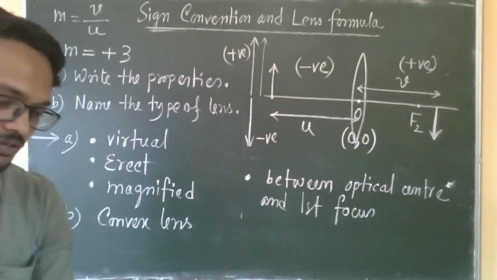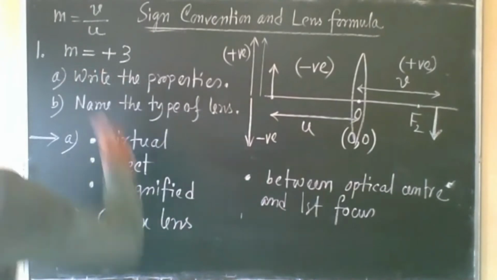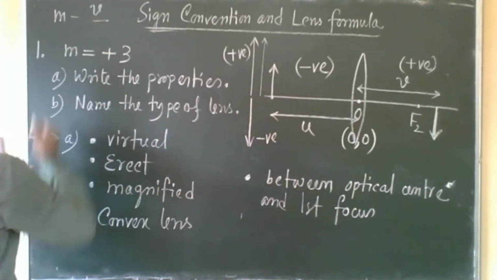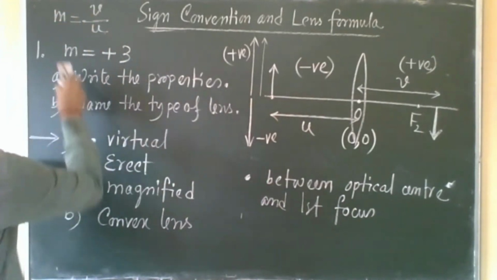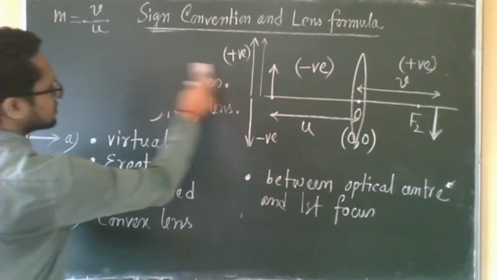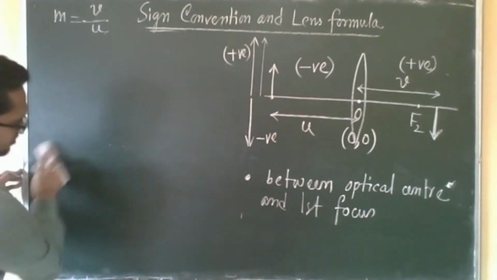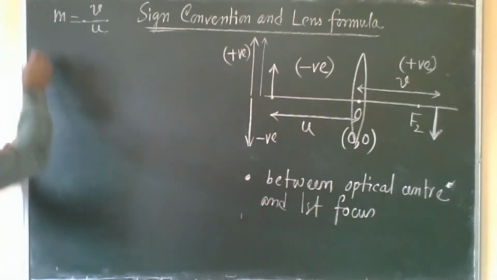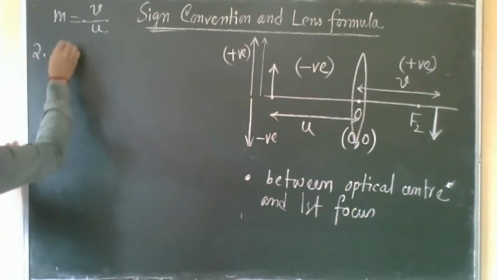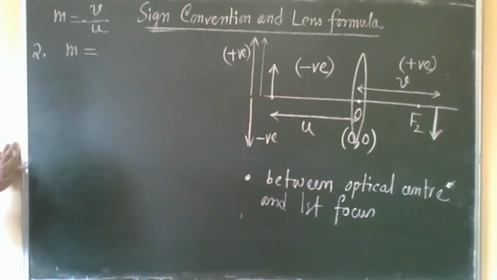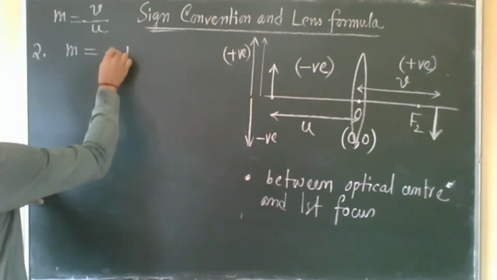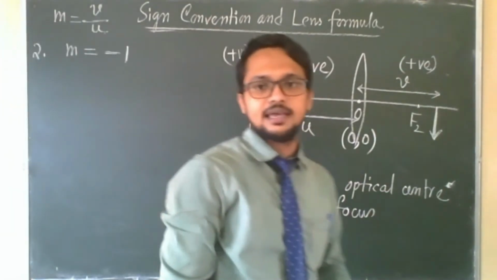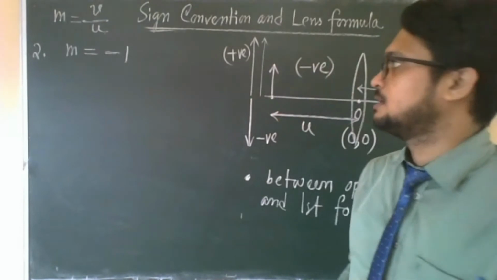Come to the second question, the same type of question. Leave it here. Keep in mind this formula, all the answers you can get. The second question is: m is given as -1. Here keep in mind, magnification cannot be +1.